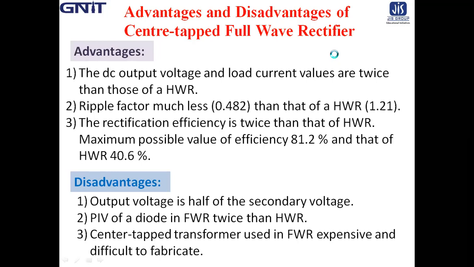First advantage is that the DC output voltage and load current values are twice than those of a half wave rectifier. Yes, because DC output voltage here in case of half wave rectifier, it is Vm by pi, but in case of center tap full wave rectifier, it is 2 Vm by pi.